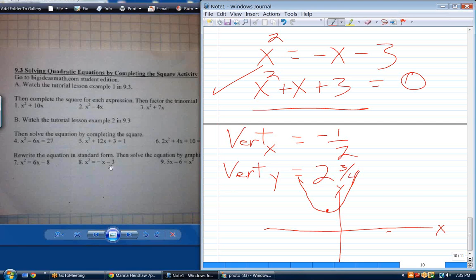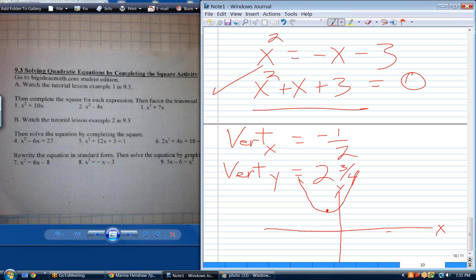So in this particular problem, by graphing it, I can see that there's no solution. I'm not sure exactly what they wanted you to do on number 7 because there's no way to graph that. You can find the vertex of it, but you can't find the x-intercepts by graphing it unless you solve the equation.